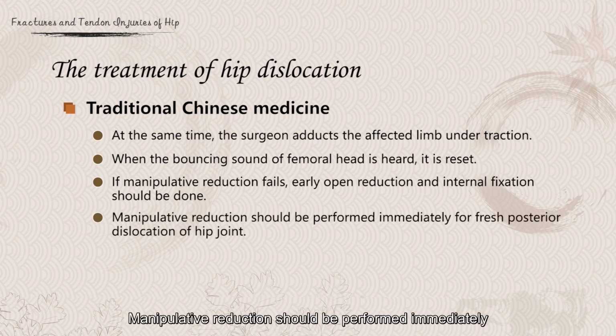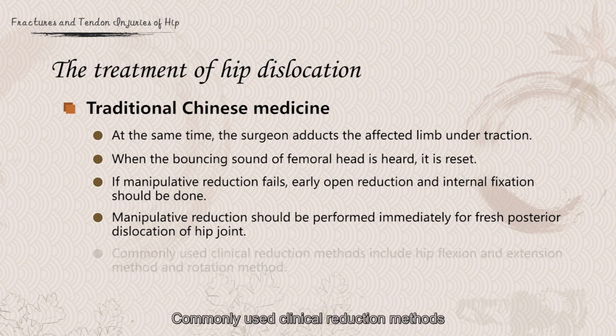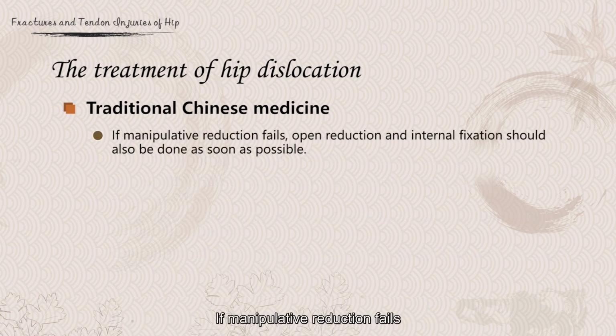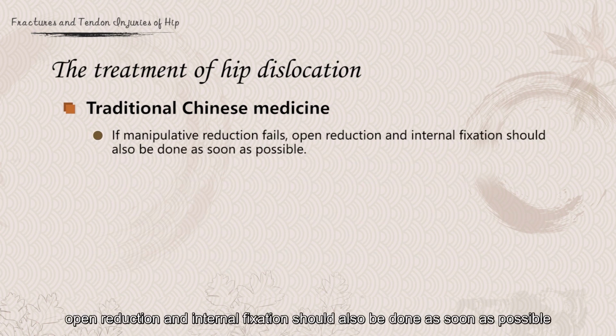Manipulative reduction should be performed immediately for fresh posterior dislocation of the hip joint. Commonly used clinical reduction methods include the hip flexion and extension method and the rotation method. If manipulative reduction fails, open reduction and internal fixation should also be done as soon as possible.